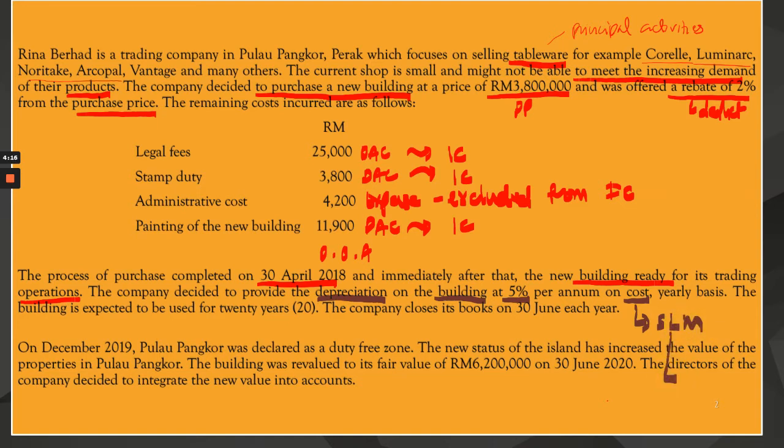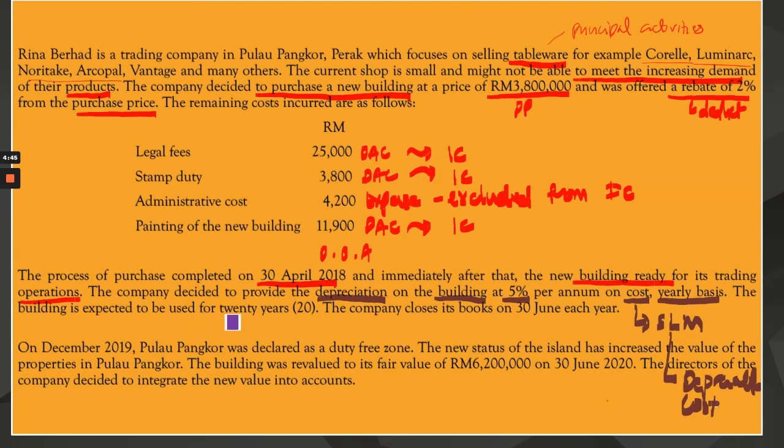Under the straight line method, you are going to depreciate based on depreciable cost. What is depreciable cost? We'll see that later. And yearly basis, we'll also see later, but that means the depreciation will be charged regardless of the date of purchase, even though it is not equal to 1 year. So it will be charged for a full year.